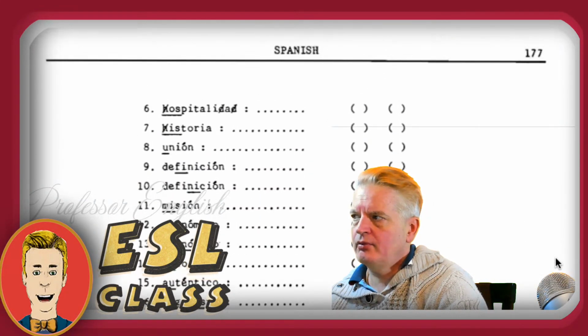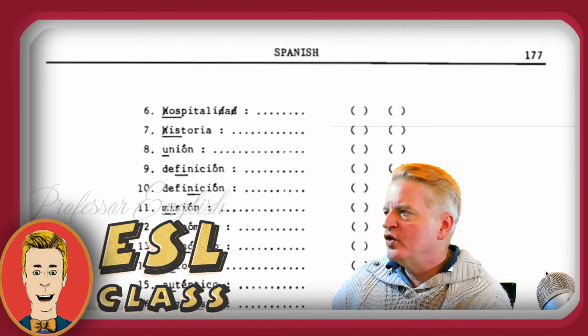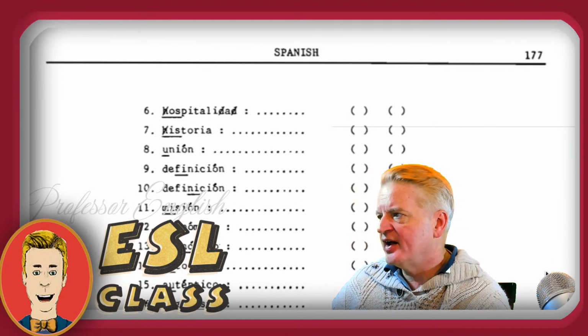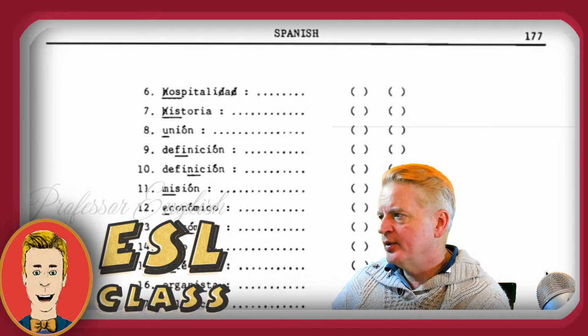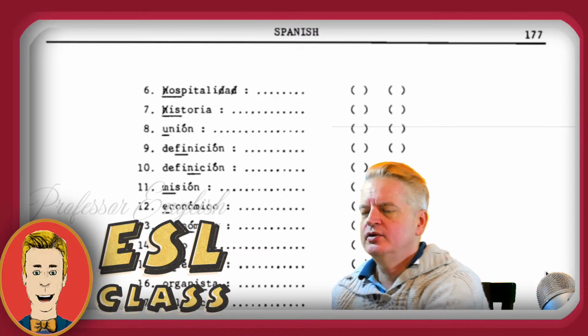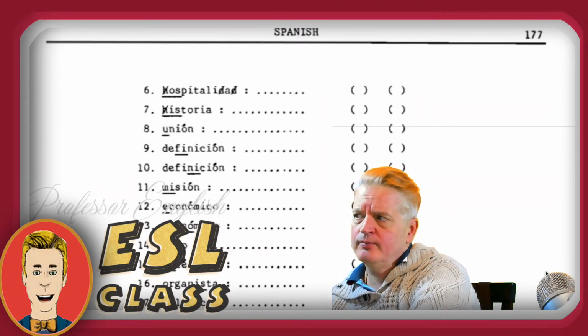6. Hospitalidad, and the underlined syllable is os.